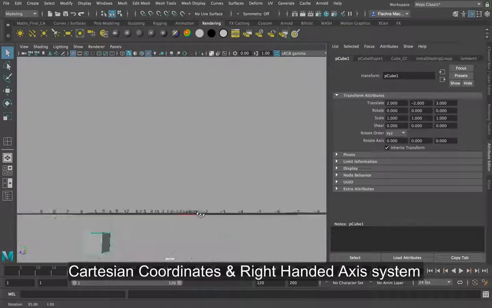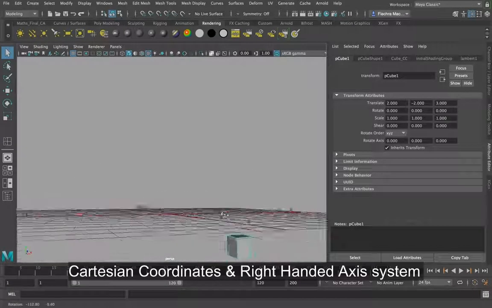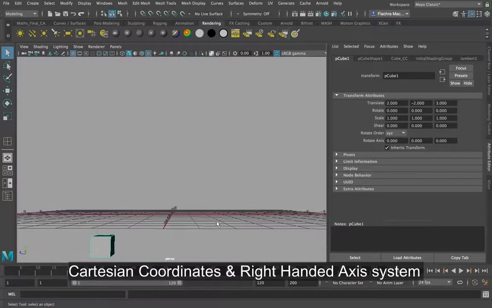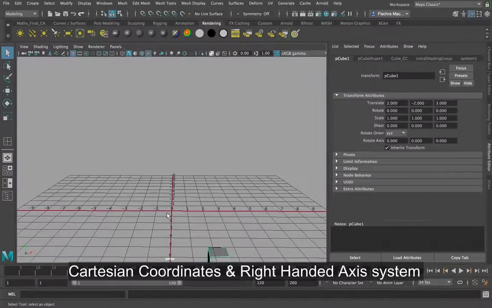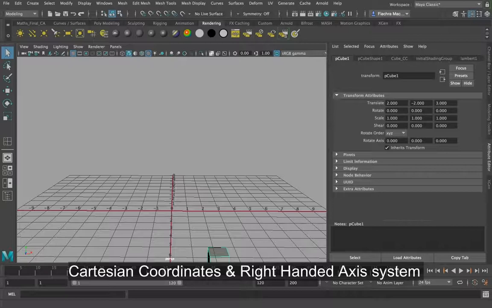In terms of the z-axis, remember, this is essentially pointing out towards us, so it's going out in the z, and it's to the right of the origin, which is 0, 0, 0, and it's 2 points in terms of the x. Okay, that's an example of what we can do in terms of the translate.